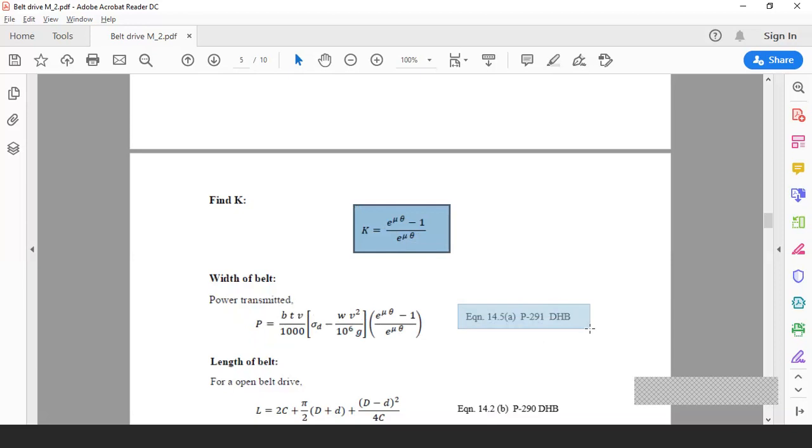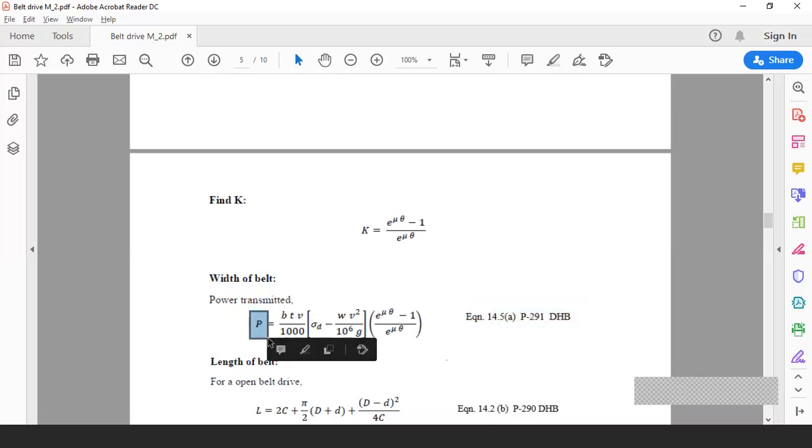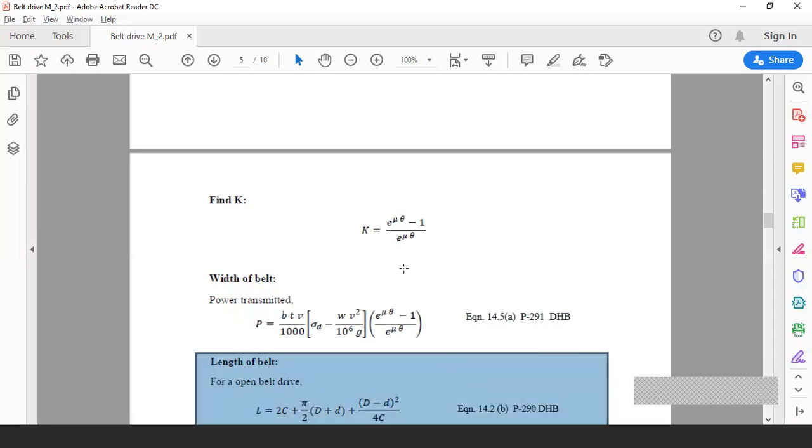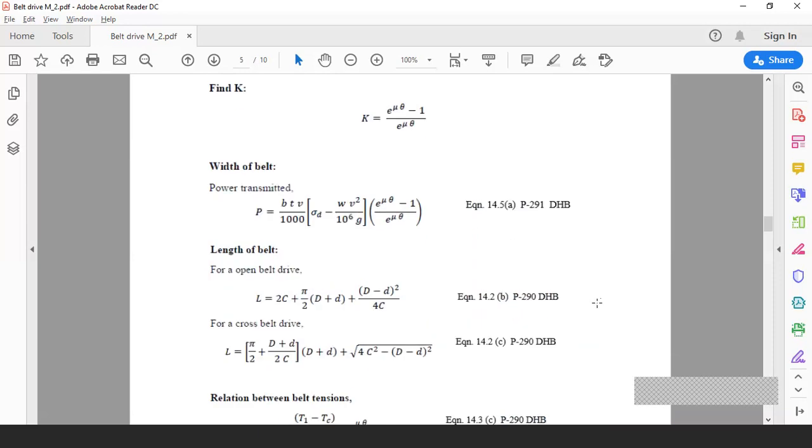This is available on page number 291 of the data handbook, equation number 14.5a. So by using this equation with the known power, you have to calculate B or B and T both together. So this is with respect to the calculation of cross section.